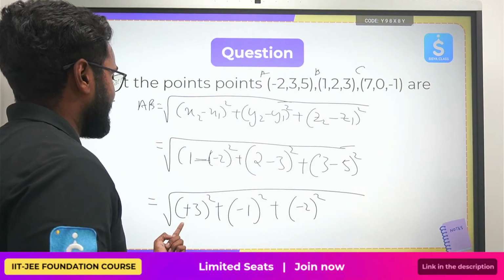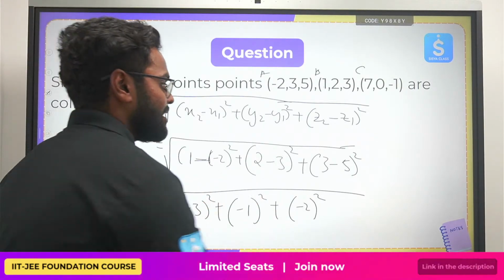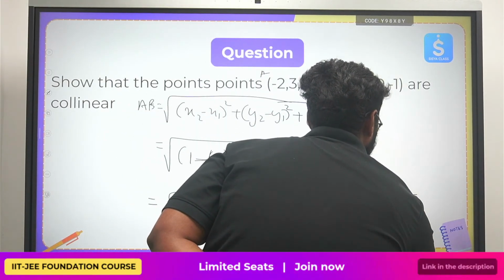We get 9 plus 1 plus 4, which equals root 14.